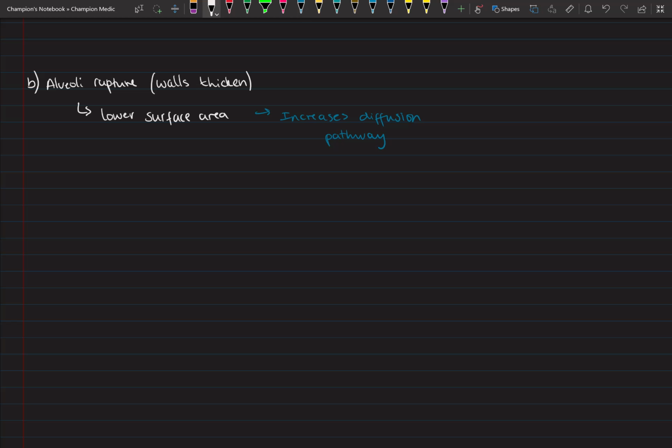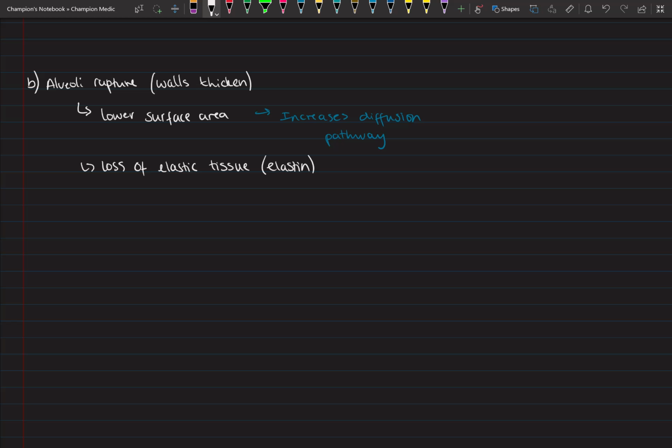You're also going to have a loss of elastic tissue. That's the stretchy tissue involved around the alveoli. It's called elastin. Don't write stretchy material.